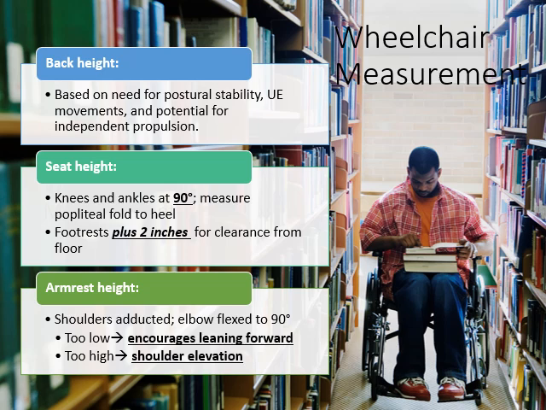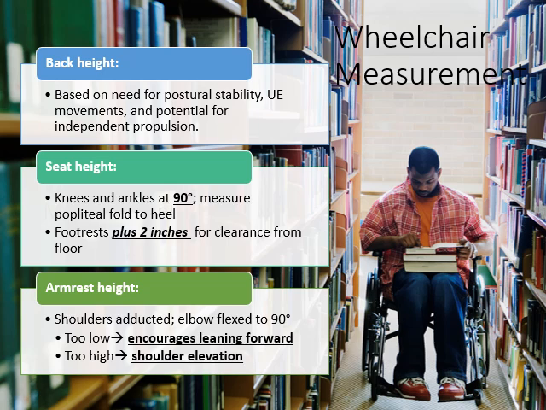But if their feet are going to be resting in footrests, so for example, if a patient has had a spinal cord injury and they're paralyzed from the waist down and cannot use their feet, then they're going to rest their feet in footrests.